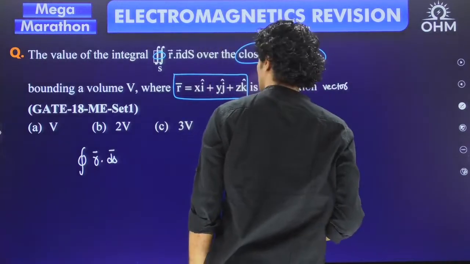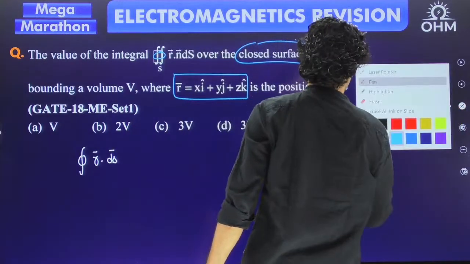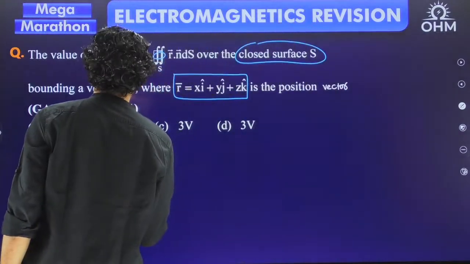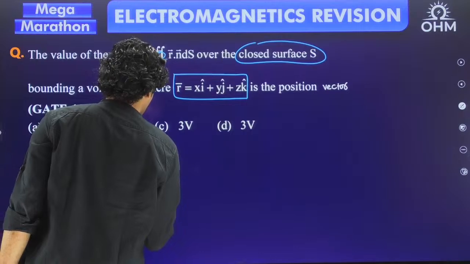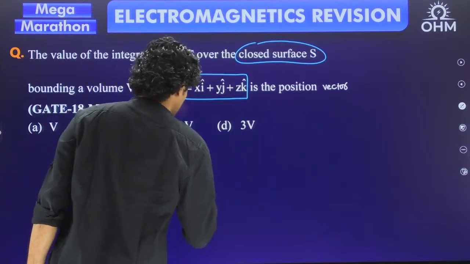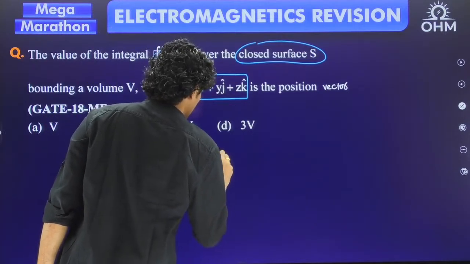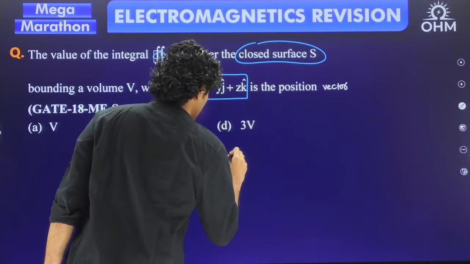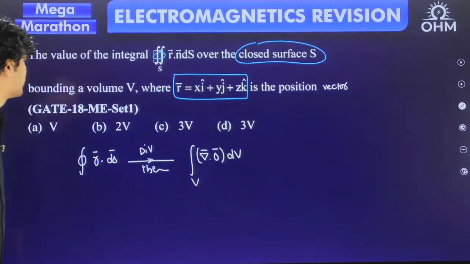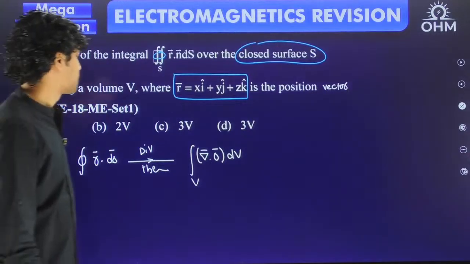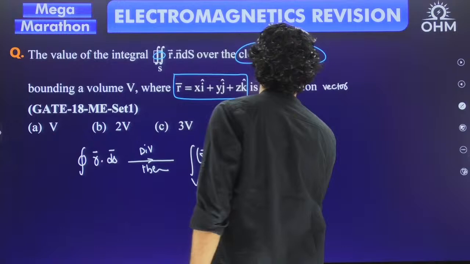So whenever I see this, I can use the divergence theorem. By applying the divergence theorem, we can write it as integration of del dot r bar, divergence of r bar, into differential volume over the volume V.